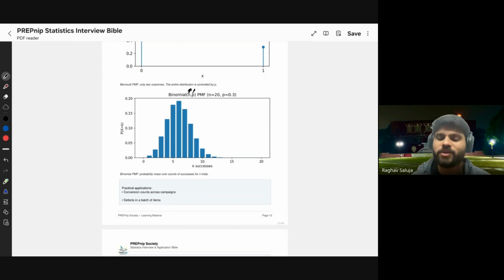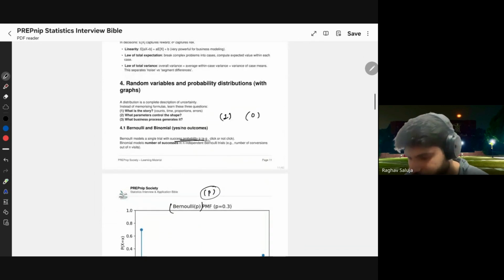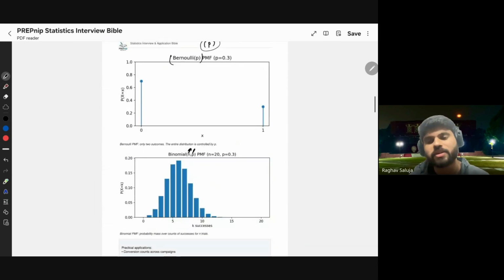Example, this time you don't just have one customer, you have 100 visitors or 100 customers to your website. How many clicked the button buy? That count as binomial. Okay, you have n comma p. It's just a bag of Bernoulli. Why? Because it counts or models the number of successes in n independent trials.